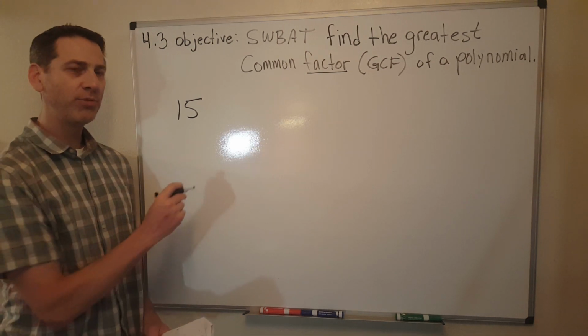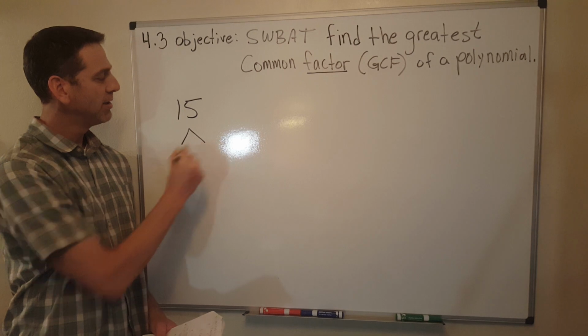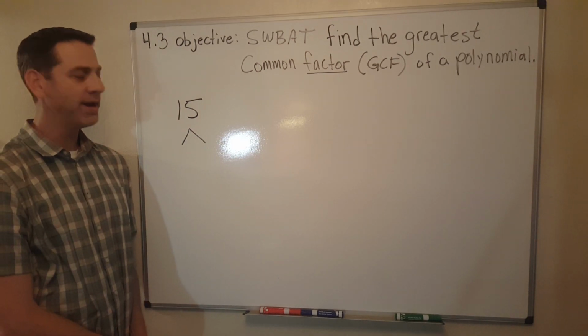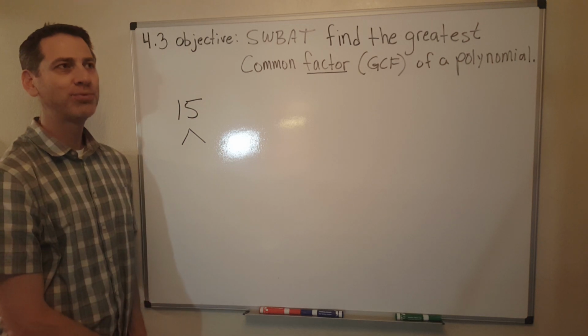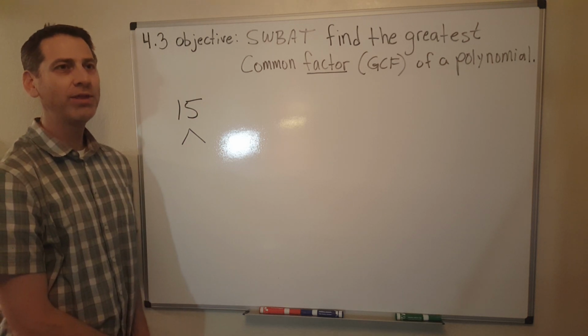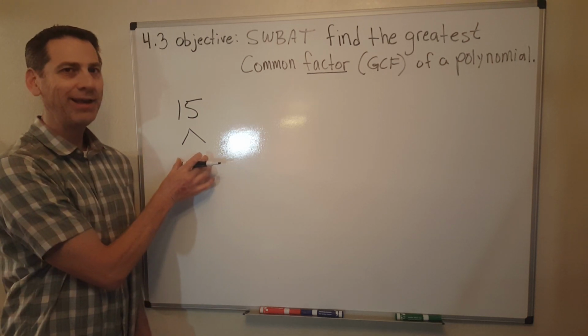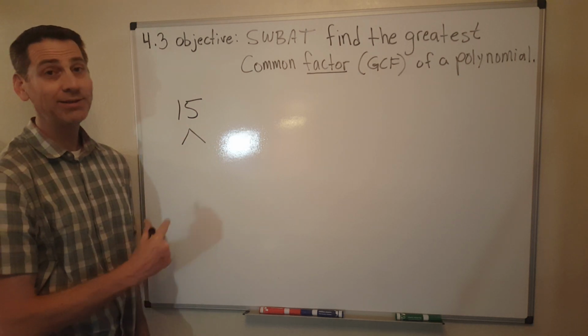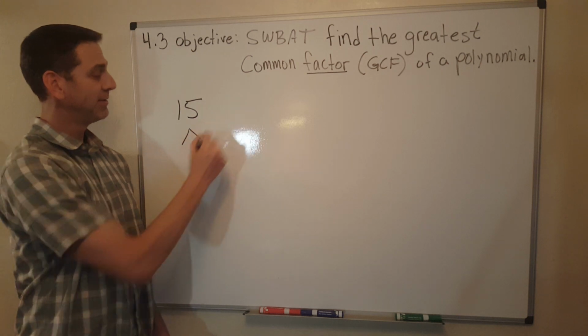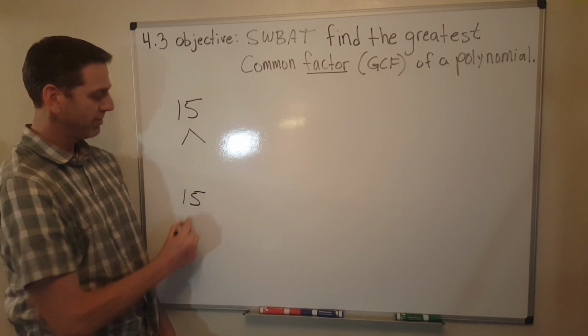I don't know if you remember those factor trees you used to make? What are the two numbers that give you a product of 15? Well, actually there's two different alternatives, so I'm going to do both of them.